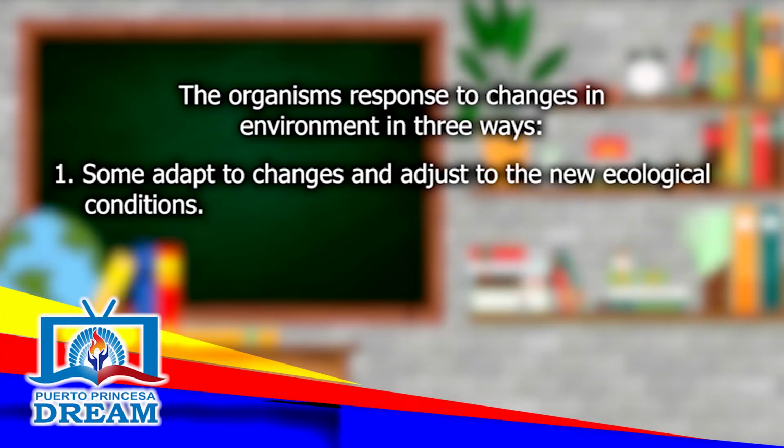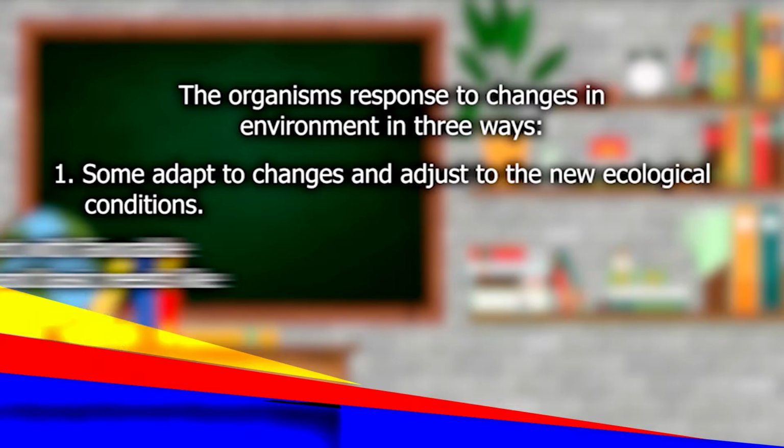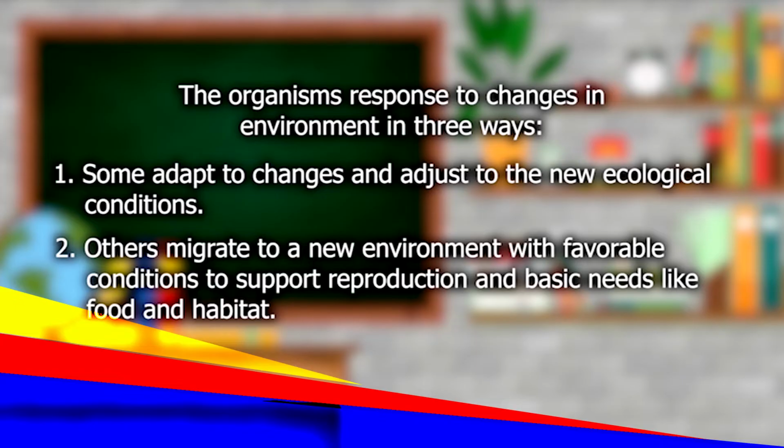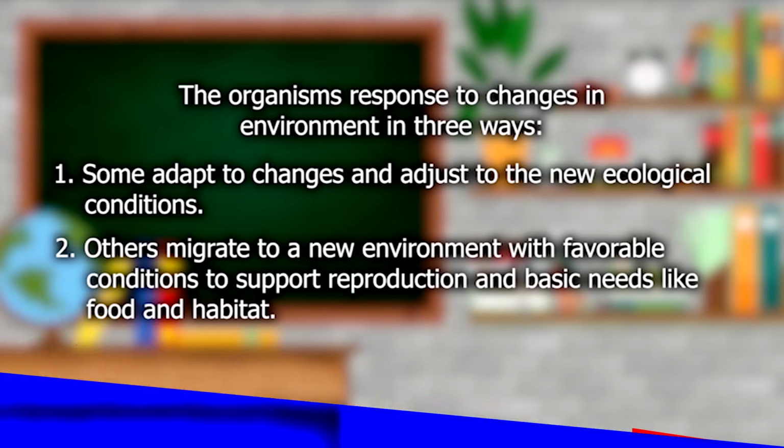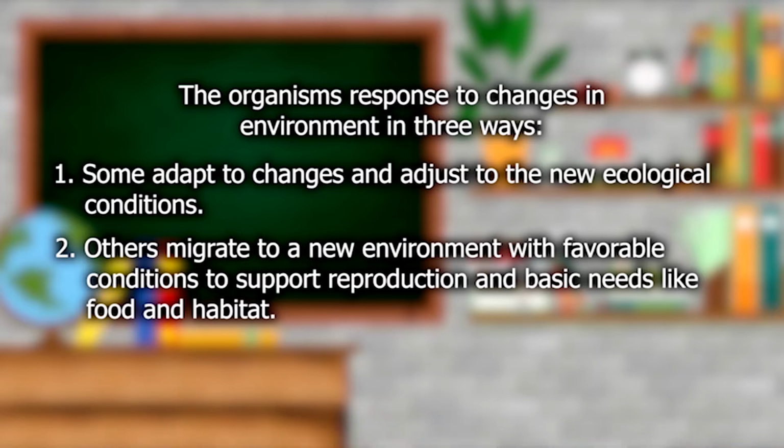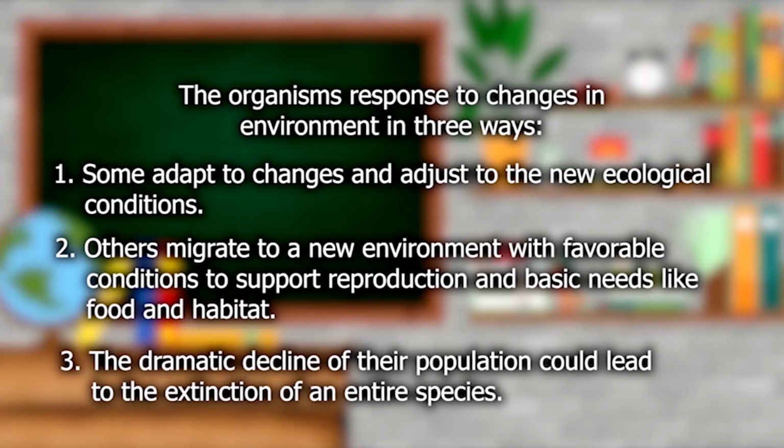Some adapt to changes and adjust to the new ecological conditions. 2. Others migrate to a new environment with favorable conditions to support reproduction and basic needs like food and habitat. 3. Lastly, the dramatic decline of their population could lead to the extinction of the entire species.